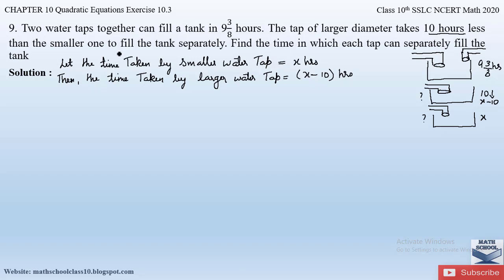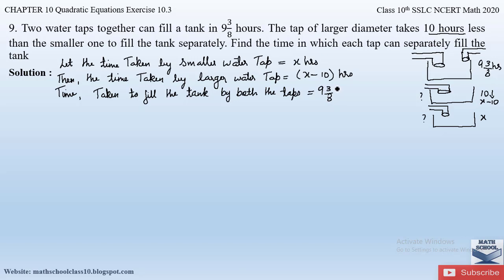Now the time taken by both the water taps to fill the tank completely is 9 3/8 hours. So write down: time taken to fill the tank by both the pipes together will be 9 3/8. This is a mixed fraction, so let us convert it to an improper fraction.